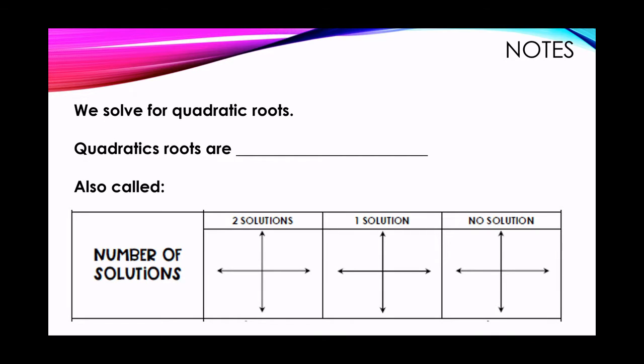All right, so what are we solving for exactly? Well, we're solving for quadratic roots. And quadratic roots are x-intercepts of a graph of a parabola. Okay? So again, it's the x-intercepts. That's all quadratic roots are, x-intercepts of the parabola.